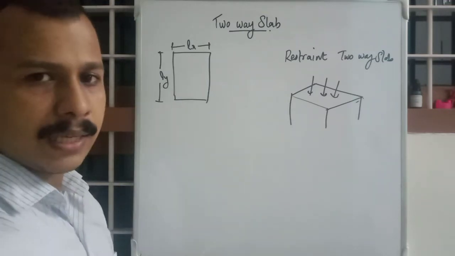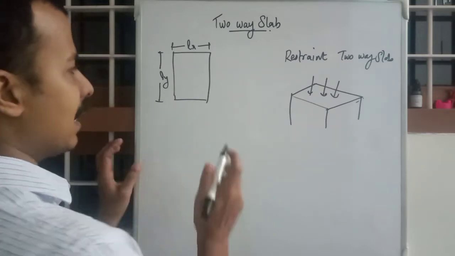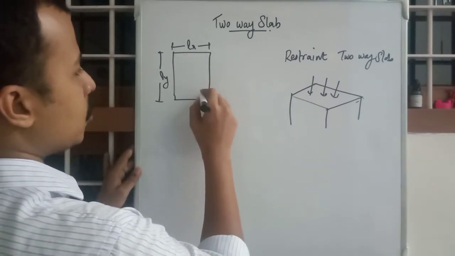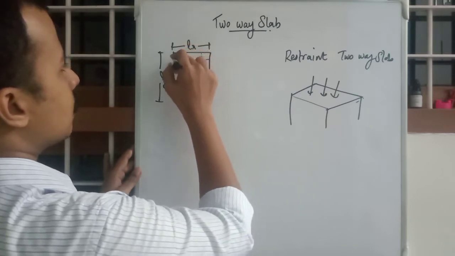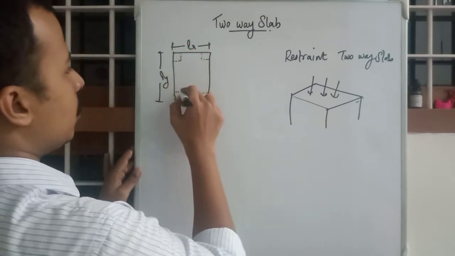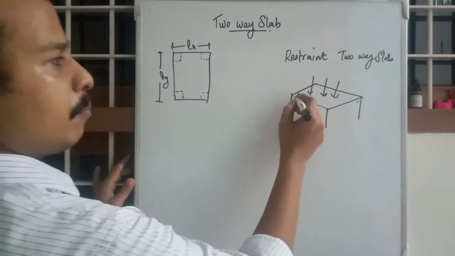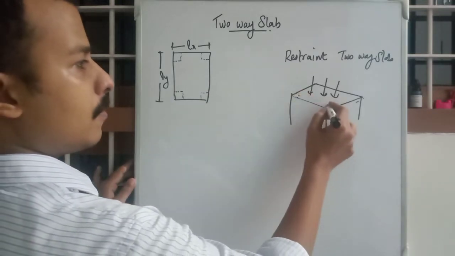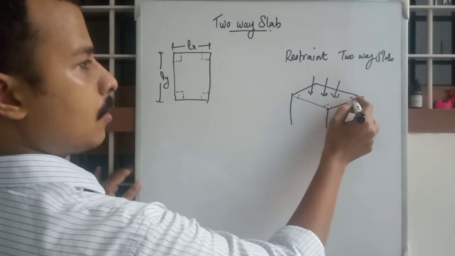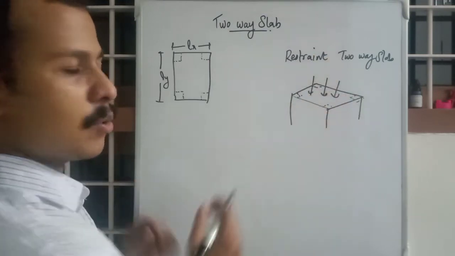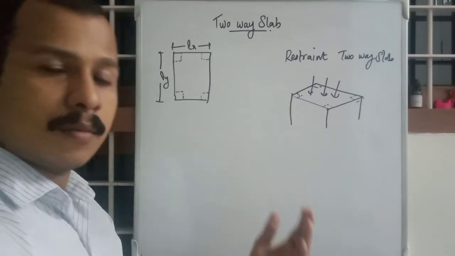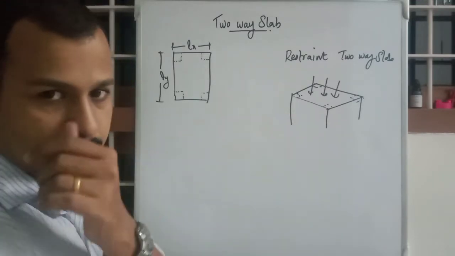We will be getting into that. In addition to that, we will be designing torsion reinforcements at four corners for perfect bonding of this slab into the support systems or columns.